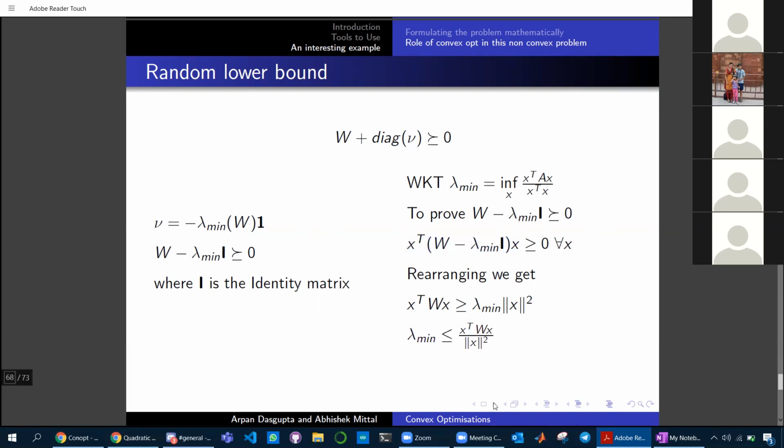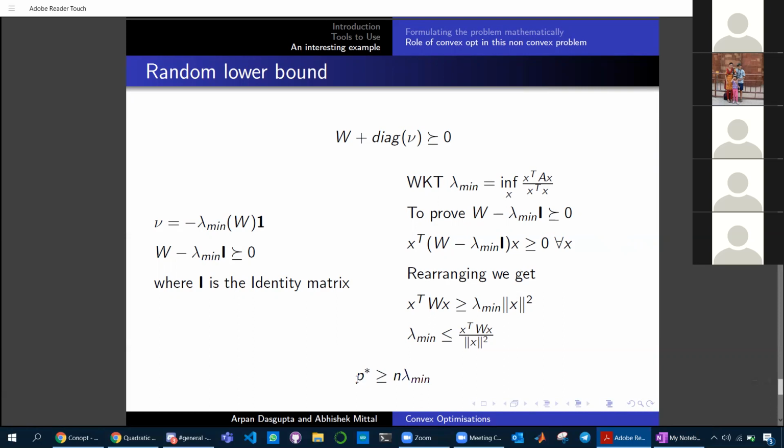So it satisfies this condition, and so my g of nu would now be minus 1 transpose times the minus lambda min of W times the one vector. It's basically adding up all the lambda mins, because each component of nu is lambda min, so all the lambda mins get added up.